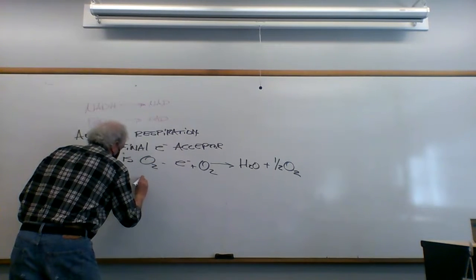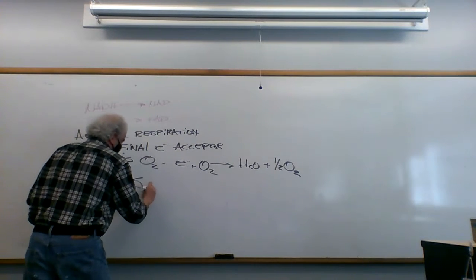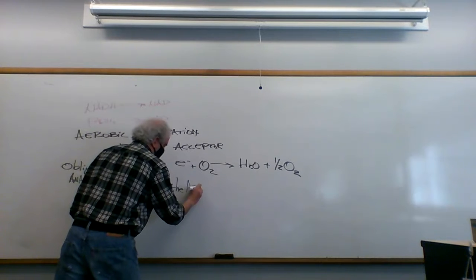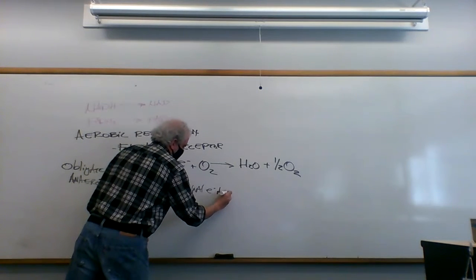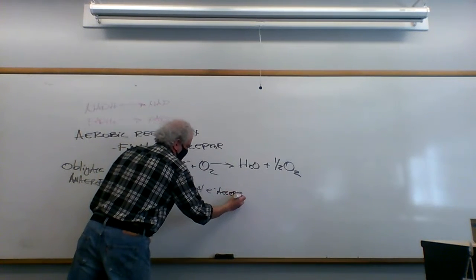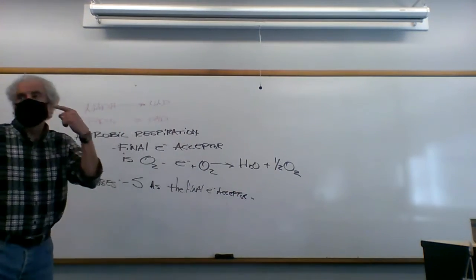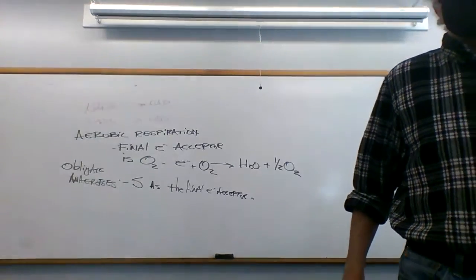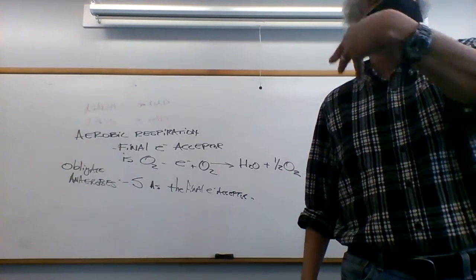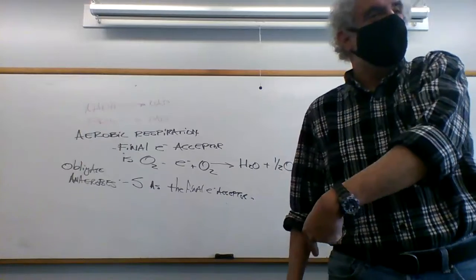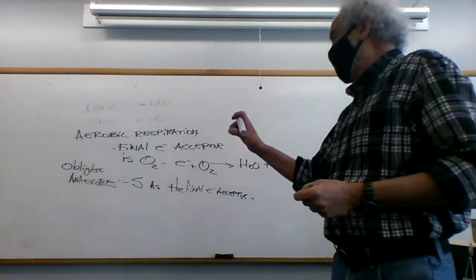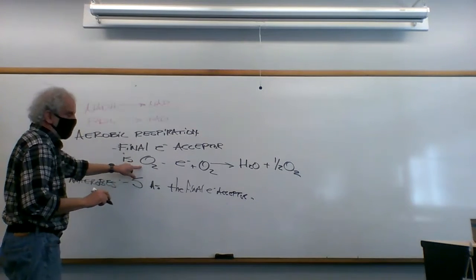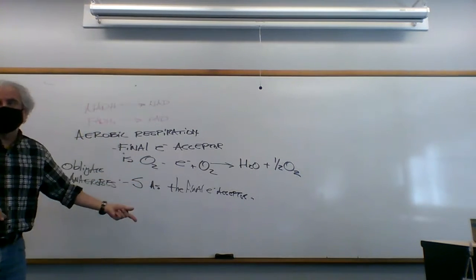So they may use sulfur as the final electron acceptor, or they might use iron. There's a variety of different atoms and elements that you can use as the final electron acceptor that's not oxygen. So when we talk about obligate anaerobes, that's what we're talking about: they're not using O2 as the final electron acceptor, they're using something else.